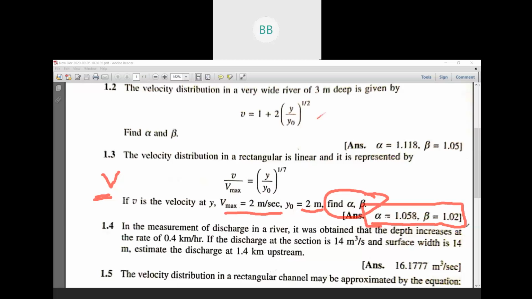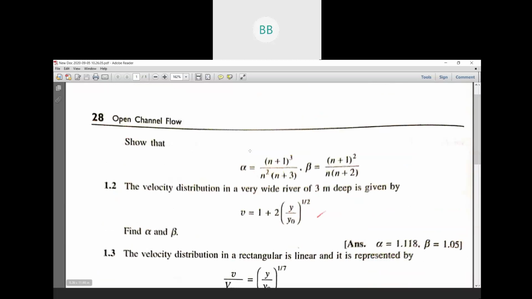And there is also one question, we have to show that alpha is this equation and beta is this equation. I will give you that as a snapshot. You don't have to worry, I'll give you the derivation as notes.